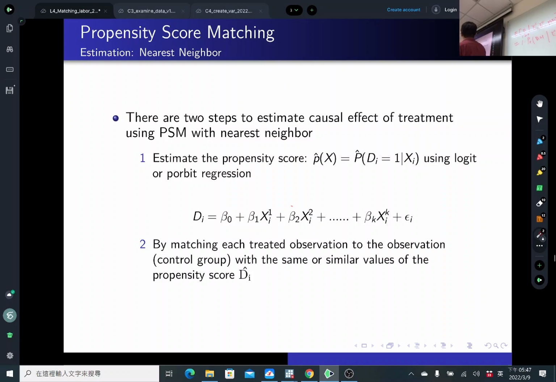So for every individual in the sample, you can use their characteristics to get a prediction of the propensity score. And then you do matching. You match each treated observation to an observation in the control group that has the same or similar value of the propensity score you just estimated. Any questions?